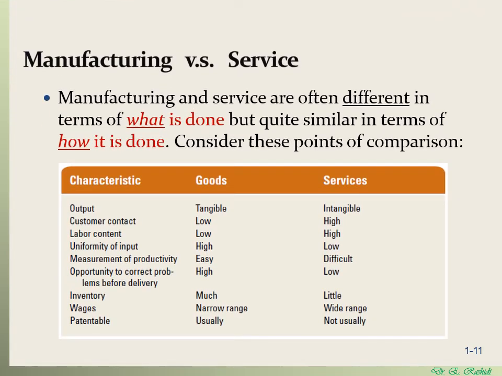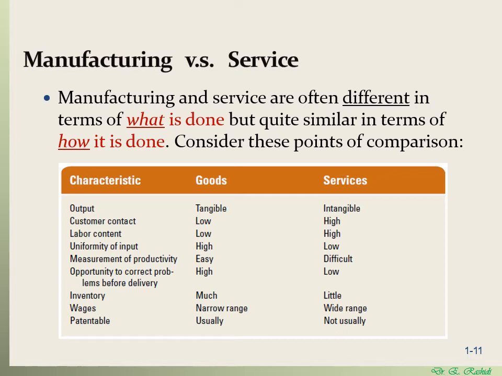Manufacturing versus service. There are two types of different organizations or businesses: those who manufacture or produce a product, a good, and those who provide a service. Manufacturing and services are often different in terms of the processes, meaning what has been done in the transformation process, the conversion process.